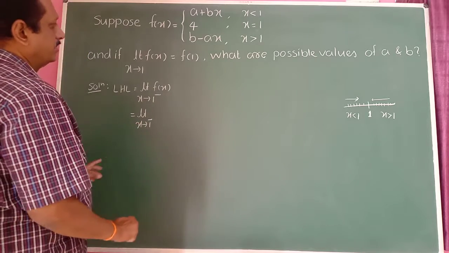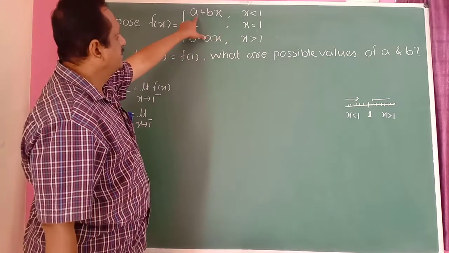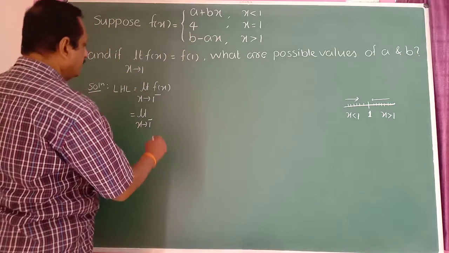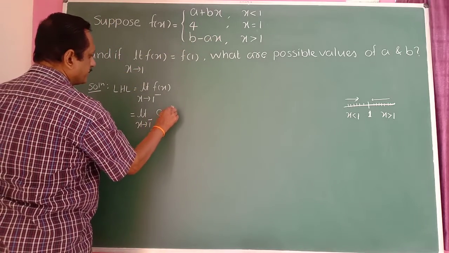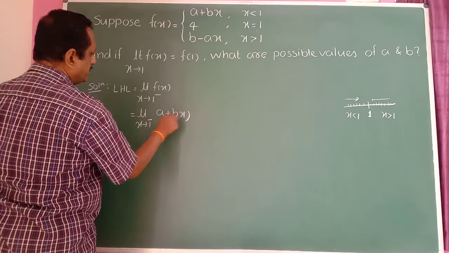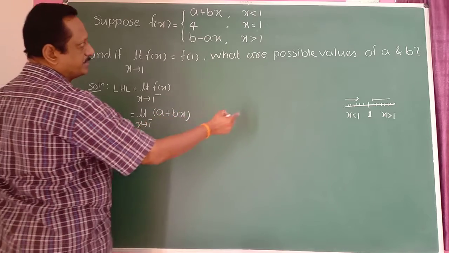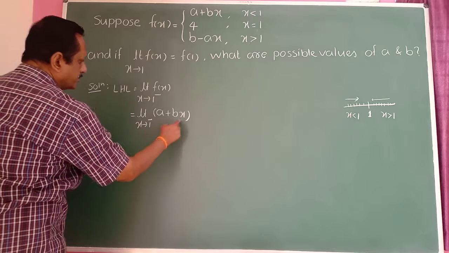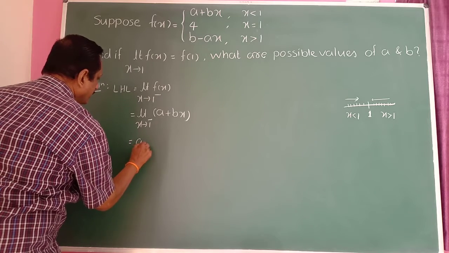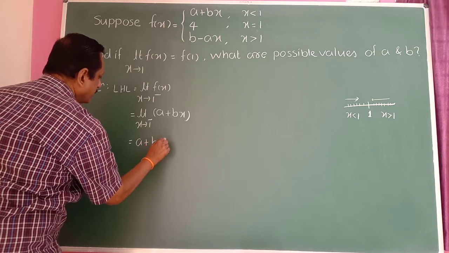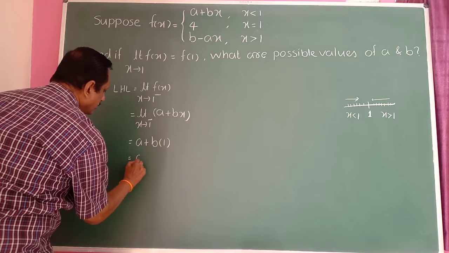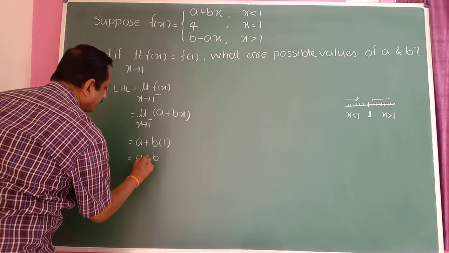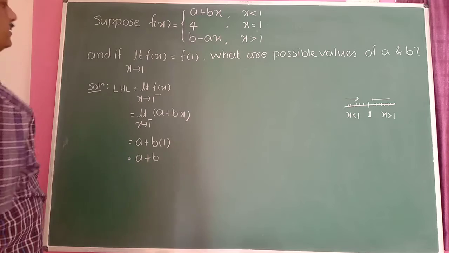Here for x less than 1 the function is a plus bx. Hence x less than 1 here. Directly substitute x value 1 here. Therefore a plus b into 1 is equal to a plus b.